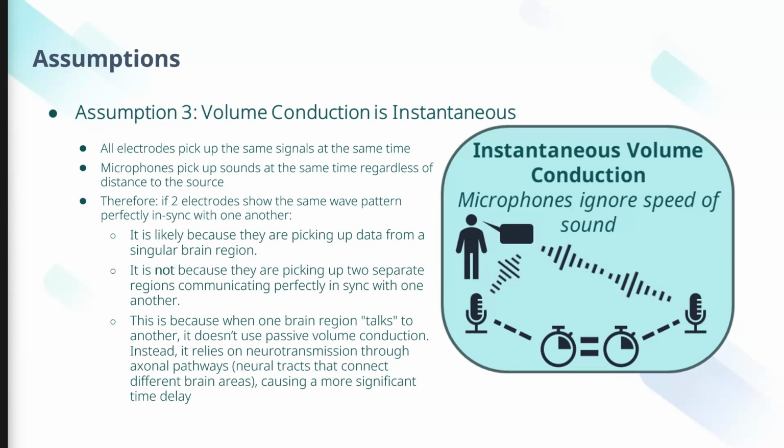Whereas these conversations between different areas of the brain actually are using neuronal pathways, which take a lot longer to communicate from one area to the next. So because of that, we're going to just assume that whenever we have a single source, all the electrodes pick it up at the same time. And we'll touch on this assumption a little bit later when it becomes relevant.